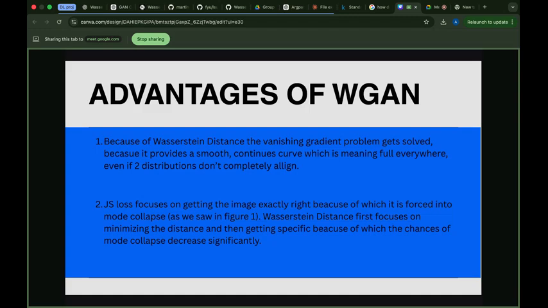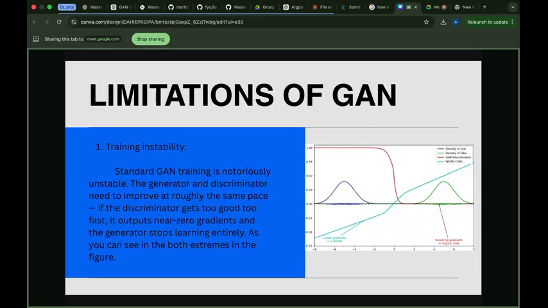Now we will see the advantages of WGAN, how WGAN solves some of these problems. First, as we can see in the figure before this, in the edge cases, the gradients become near zero.